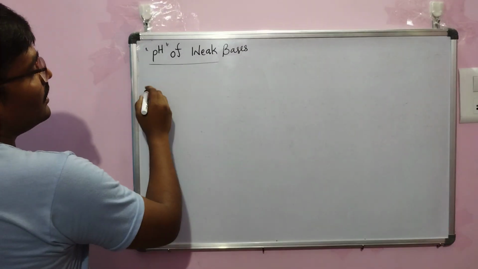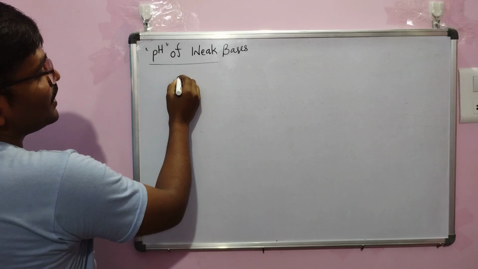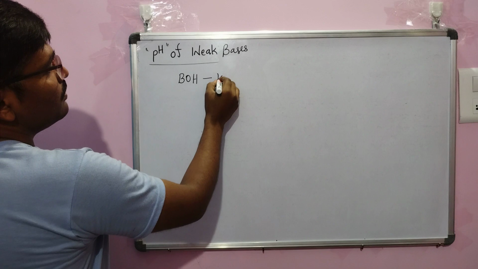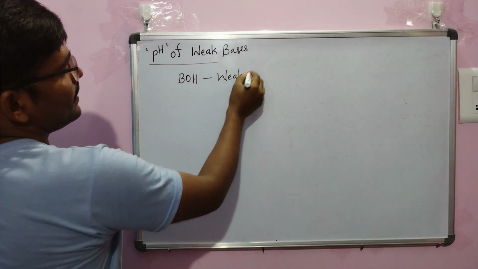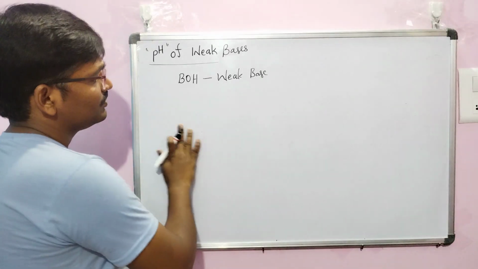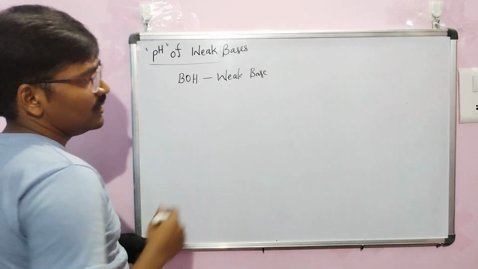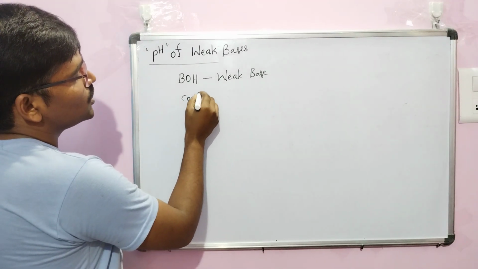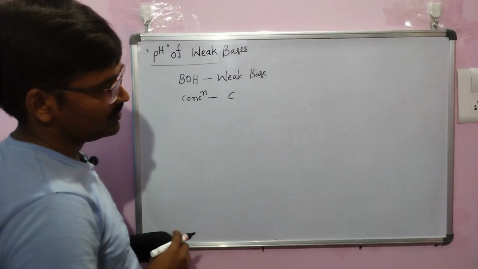Let us consider a base that is BOH. It is a weak base, which means it contains OH. Then the concentration of this solution is C.